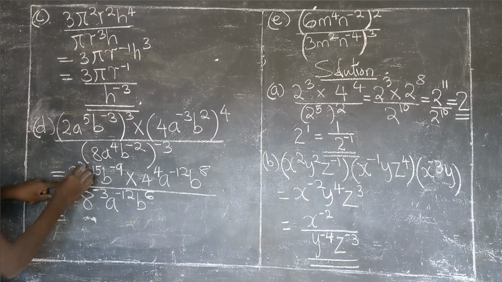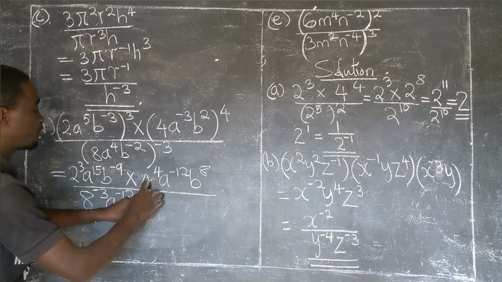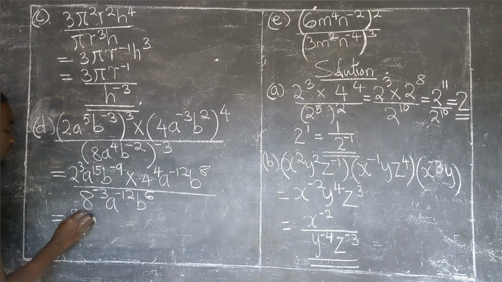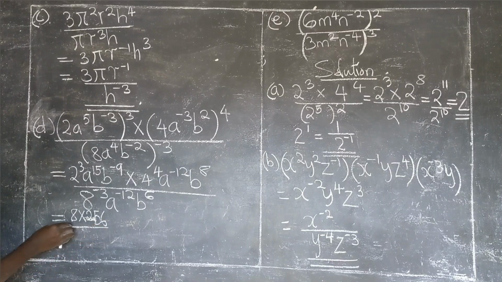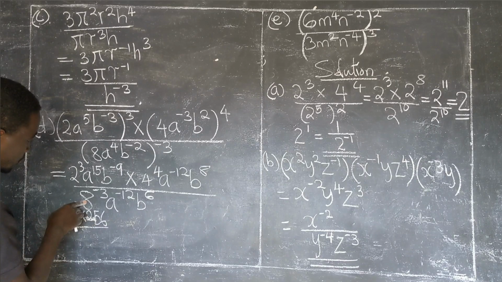2 raised to 3 is 8. Again, you multiply with this number. 4 raised to 4 is 256. We divide by 8 raised to negative 3.